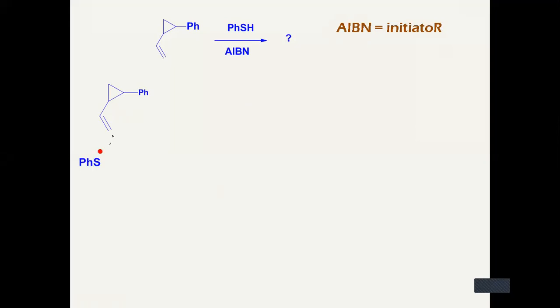That radical will attack here, and that double bond undergoes it. Or it may happen simultaneously also, no problem. This will give you like this. So we have shown it in one step. You can write 2-3 steps, no problem. That will take hydrogen from another thiol molecule, and this is the product. Very simple chemistry.